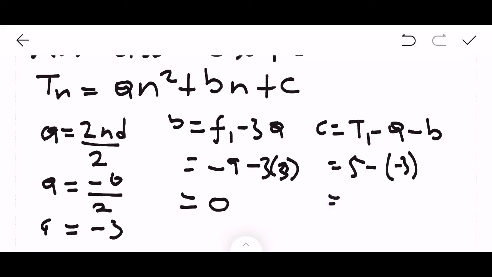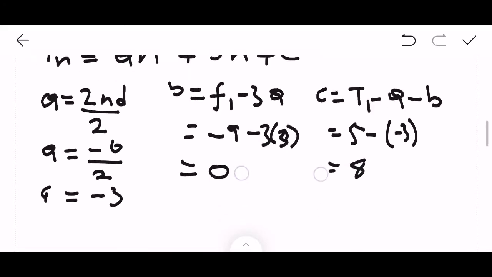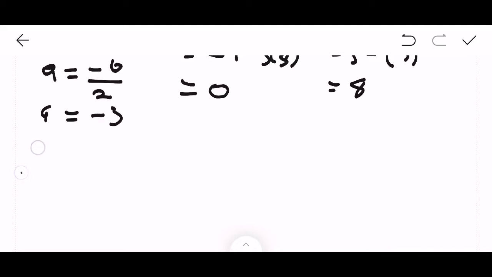So that is equal to 5 minus into minus 3, so that's just 5 plus 3, which is equal to 8. So now you can say therefore Tn equals, taking a as minus 3n squared, b is 0, so that term will not be there, and plus c, of which our c is 8, plus 8.